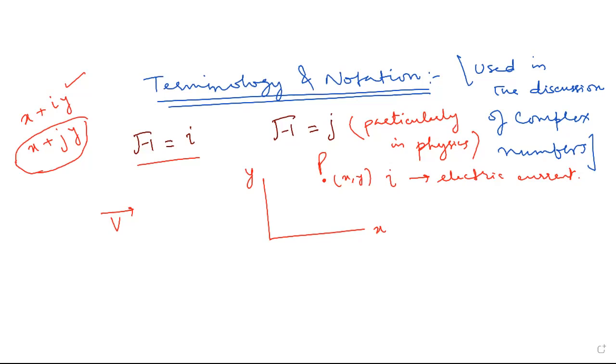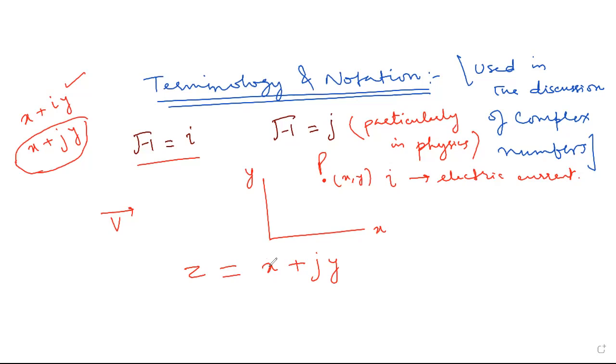Similarly, in case of complex numbers, even though we know it is actually a pair of real numbers, we use a single letter to represent a complex number. For example, we write complex number as z, which is x plus, now I will use j, jy.